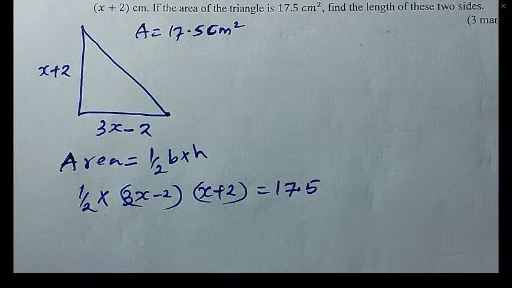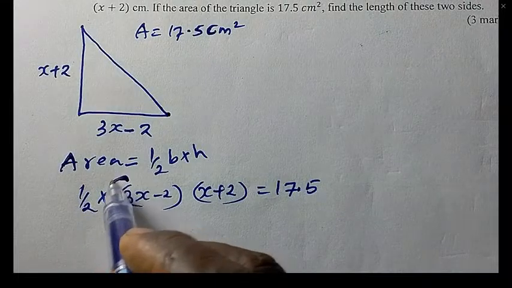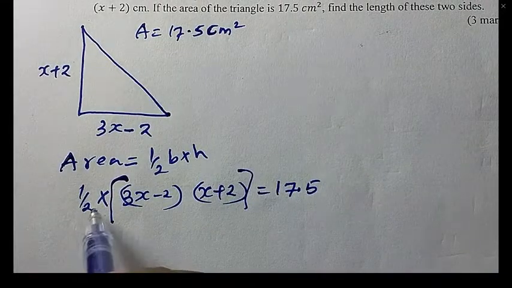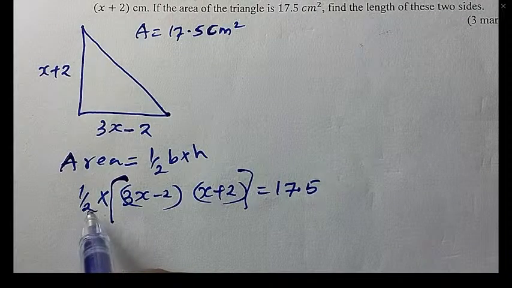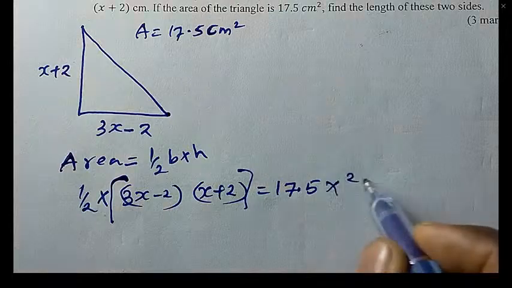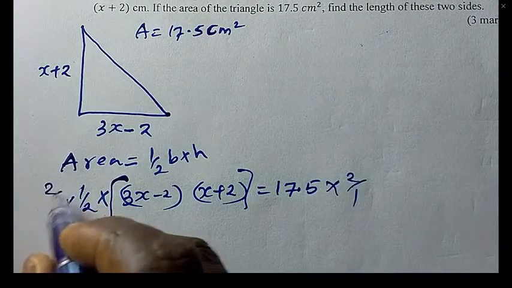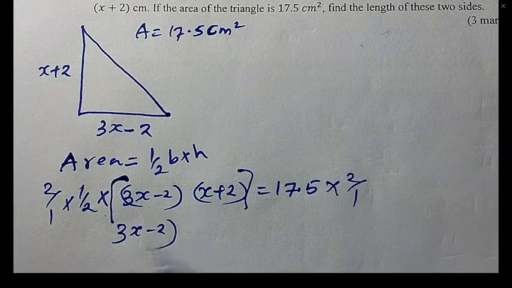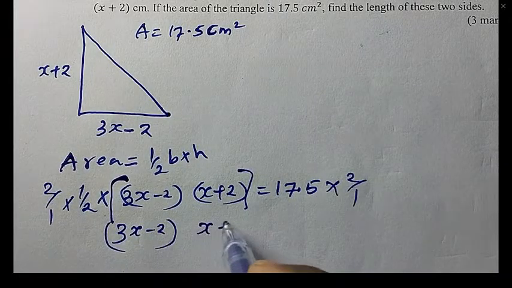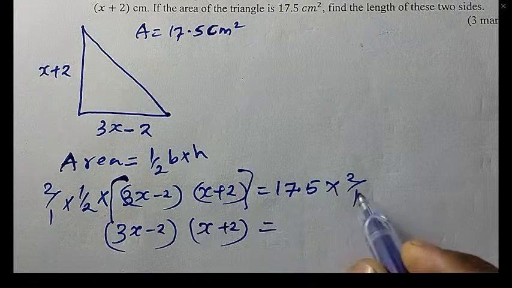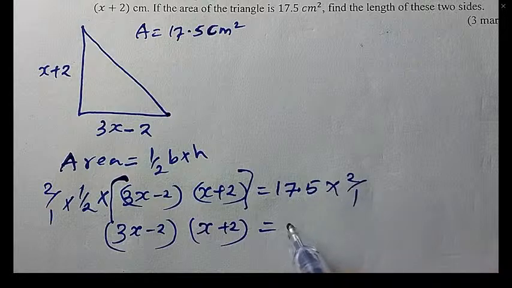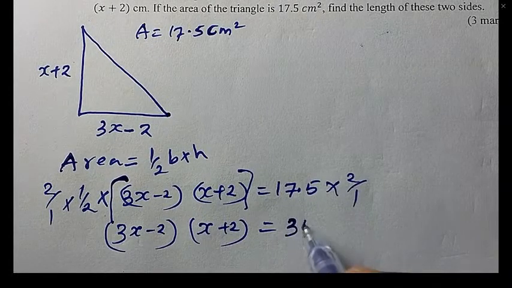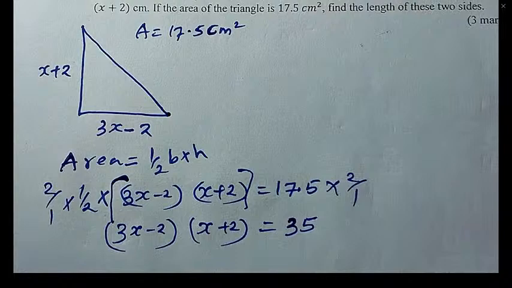We can remove these halves. We multiply both sides times 2 over 1 to remove this. We are going to have 3x minus 2, x plus 2 is equal to 35.